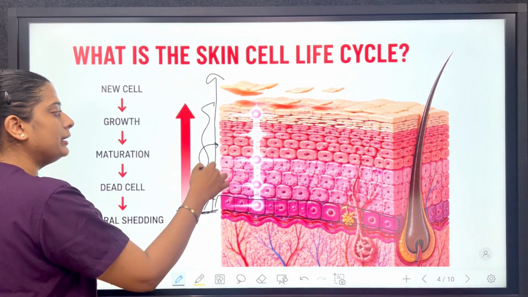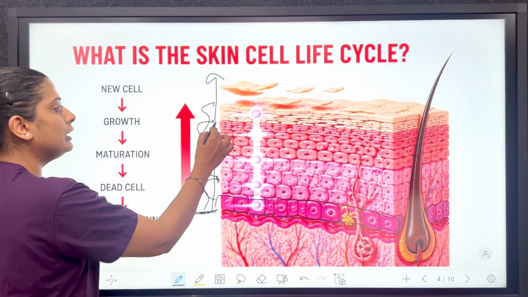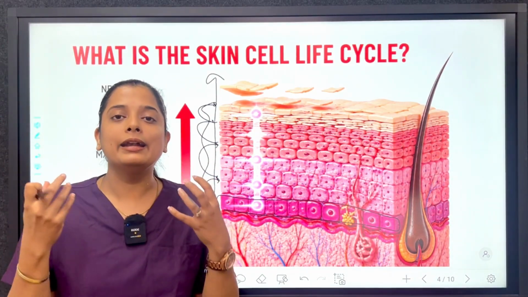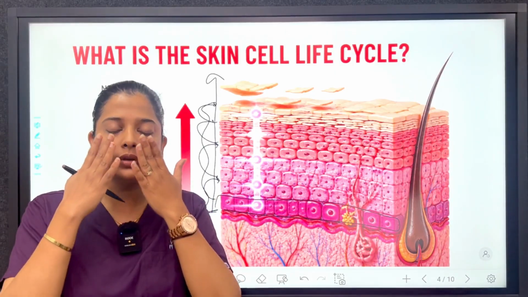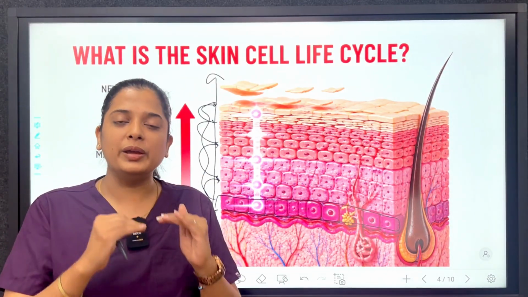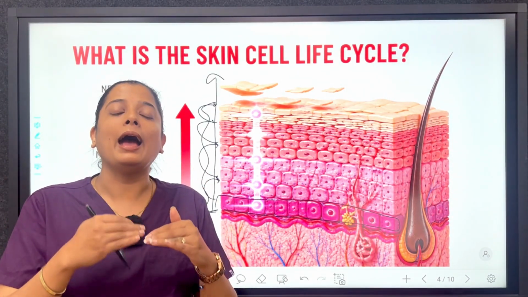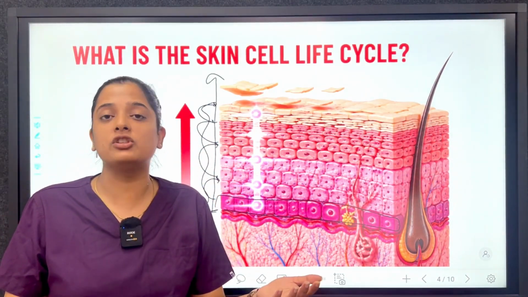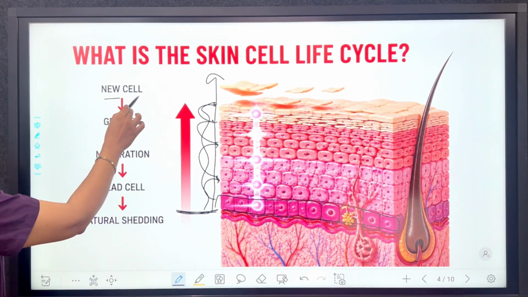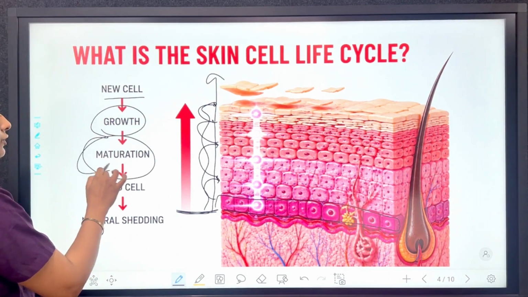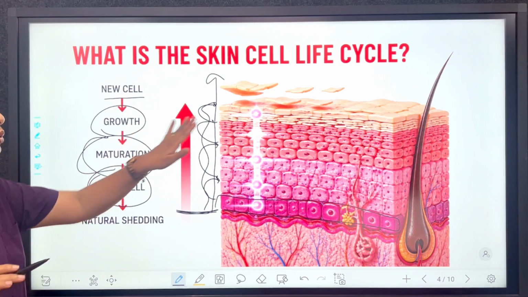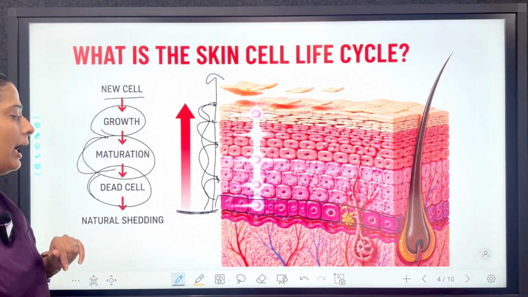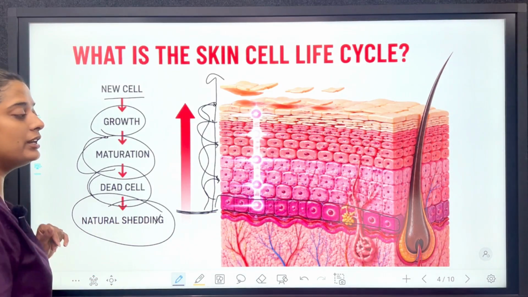Again, it grows in maturity, moves up, and keeps on moving in an upward direction. So in the skin, it keeps on moving in an outward fashion. From beneath the basal cell layer, new cells develop, and to come out at the outer surface, they keep on moving as they keep on maturing. So new cell occurs, growth happens, maturation happens, and it leads to the topmost layer, which is called the corneum. It leads to there, and then the dead skin sheds out.